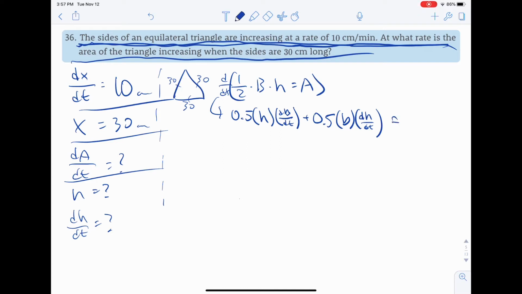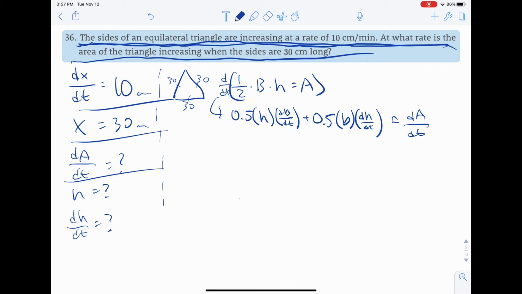This is equal to dA over dt. You get that? The derivative of b is 1, times h, because h stays the same, times the derivative value of b. Just in case you didn't know, it's the product rule. Y'all should know this.